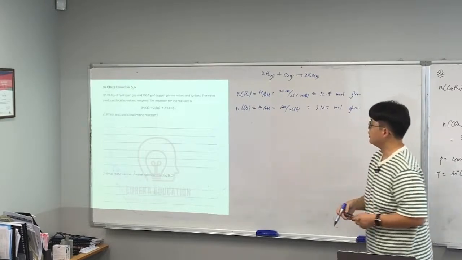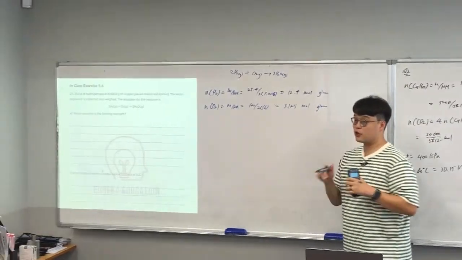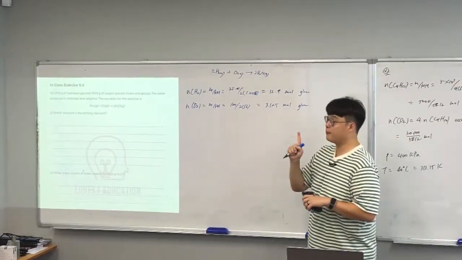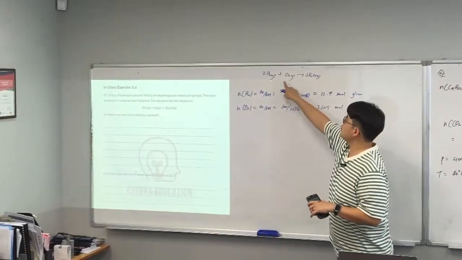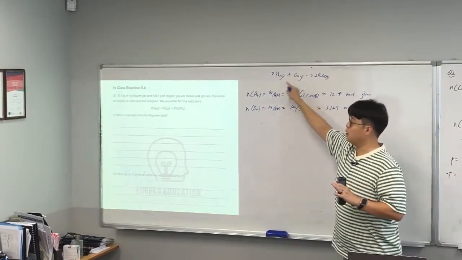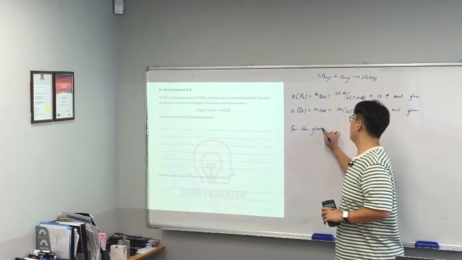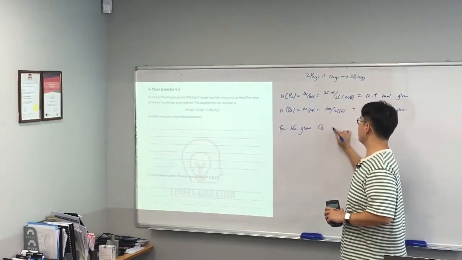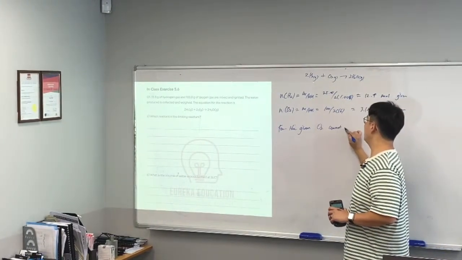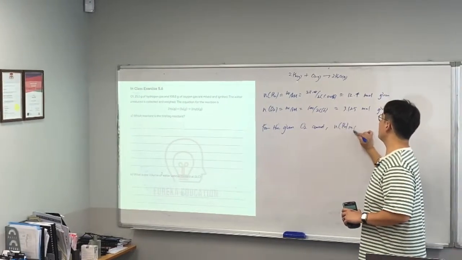After you calculate the number of moles, you've got to choose one of those. I always recommend choosing the one with the lesser coefficient value. When we have 1, choose that. So for the given oxygen gas amount, the n of the H2 required.